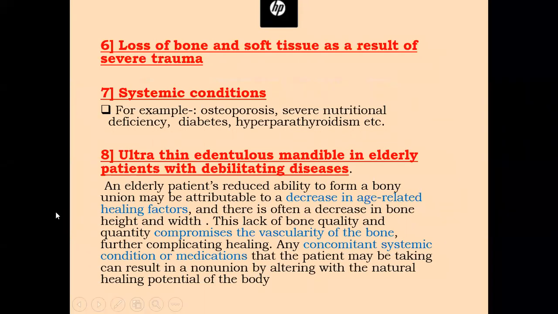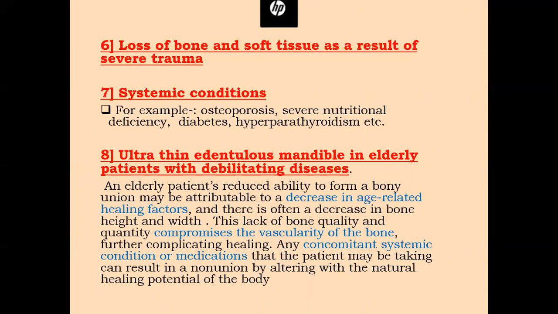Then the eighth one is ultra thin edentulous mandibles in elderly patients with debilitating disease. In elderly patients there is reduced ability to form bony union, which may be attributable to a decrease in age-related healing factors, and there is often a decrease in bone height and width. As our age increases, the healing factors also decrease, and hence there is a decrease in bone height and width.